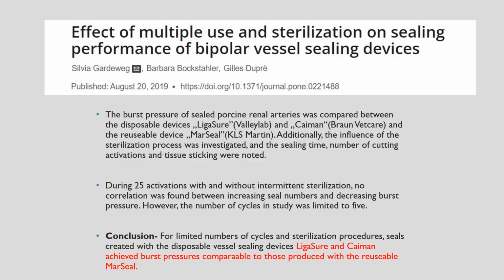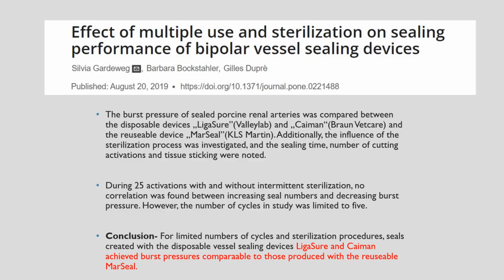MARSEAL is a reusable advanced bipolar system. So they found out, the good news is that they achieved burst pressure comparable to those produced by the reusable MARSEAL. But it is important to note that the number of cycles they were used was only 5.